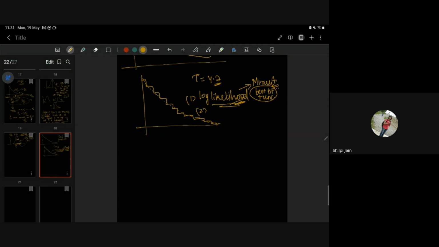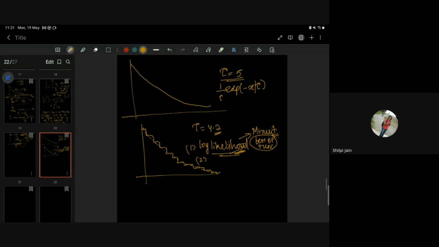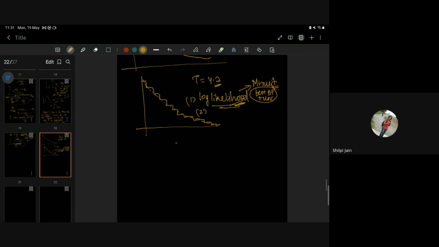Now the next part of this exercise is not to use Minuit, but just loop over various values of the tau parameter. Let's say I know that my tau is 5, so maybe I loop from tau equals 4 to tau equals 6, and I'll take a step size of 0.1, and then I will loop over these tau parameters.